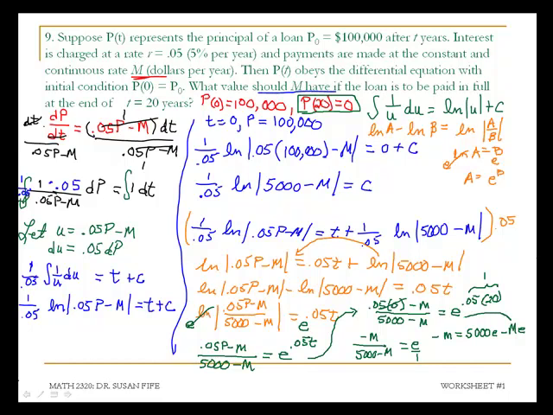I want to get my m terms together, so I'm going to bring this minus me over to the left side of the equation. That'll make it positive. And I'm going to be able to factor out an m. And then divide both sides by e minus 1. And here I get my value for m.